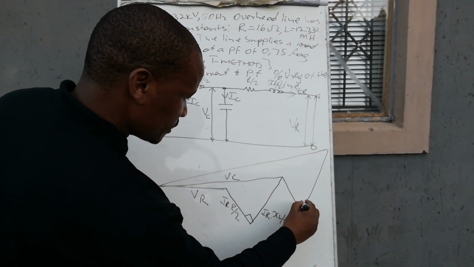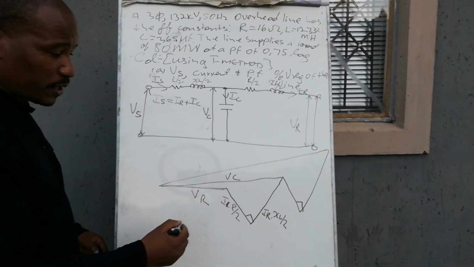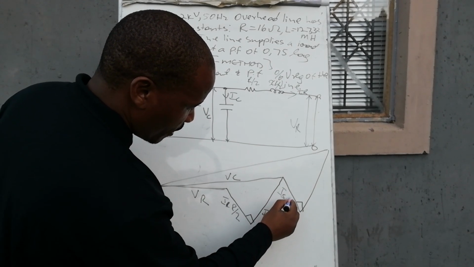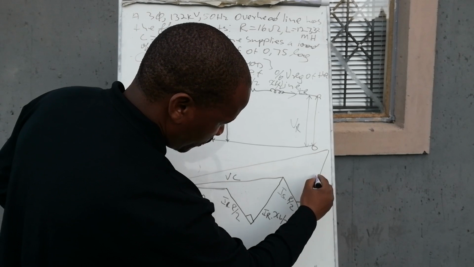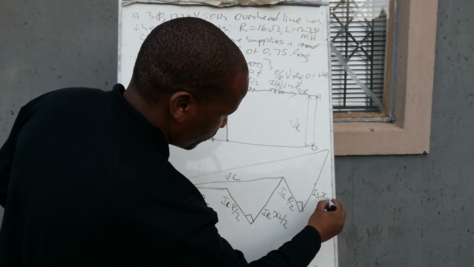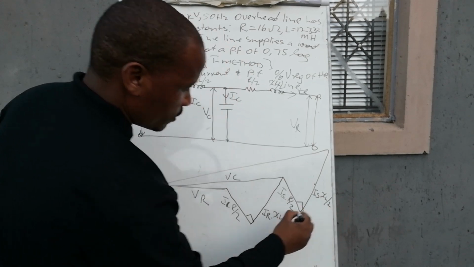There are 90 degrees here, guys. It's just that I don't have space. And then here is IS multiplied by R over 2. Here is IS multiplied by XL over 2.